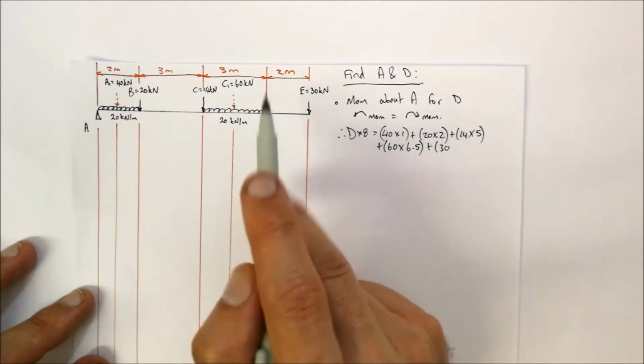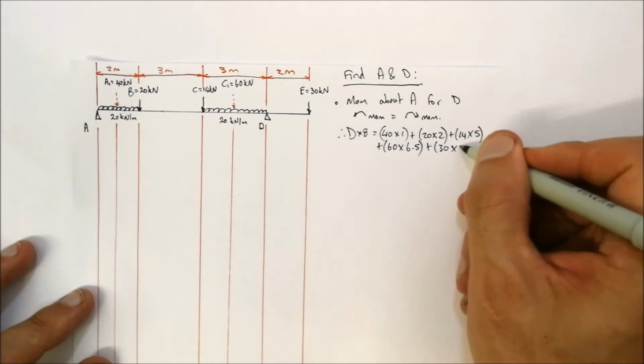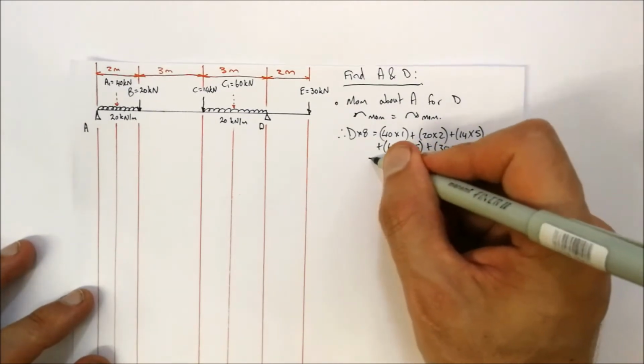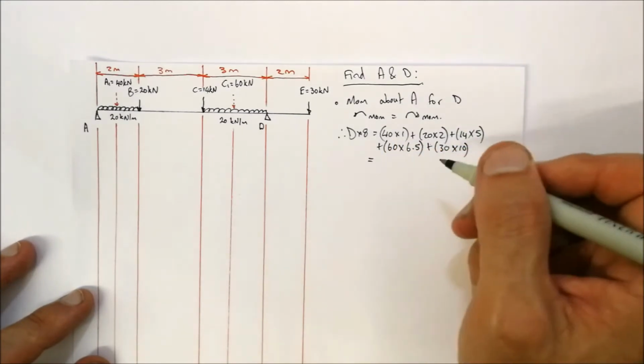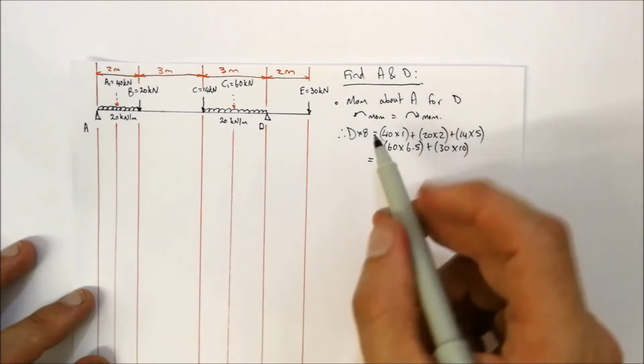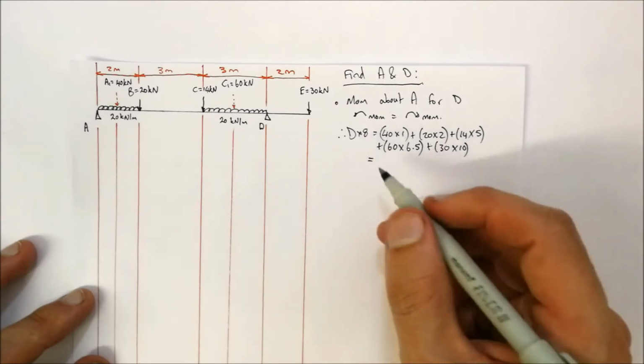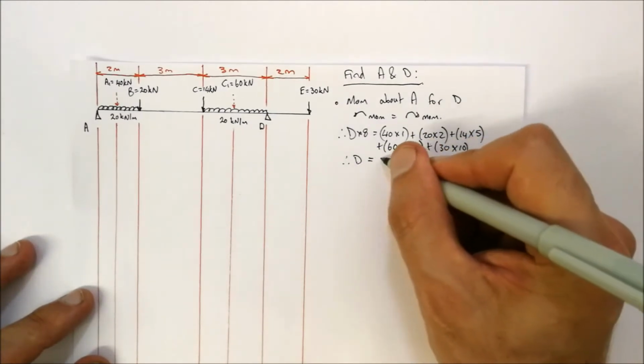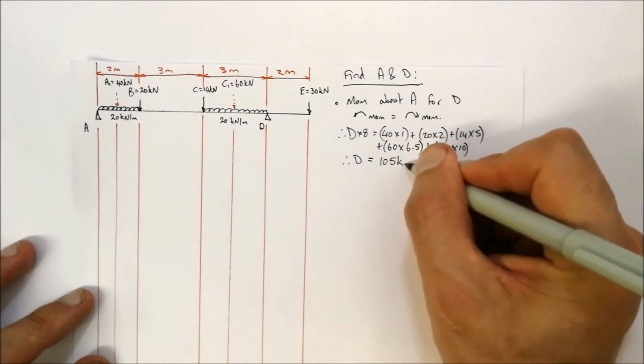That's 10 meters away, so multiply by 10. Right, and so if we do that calculation and we divide by 8 to find D, we find that therefore D is equal to 105 kilonewtons.